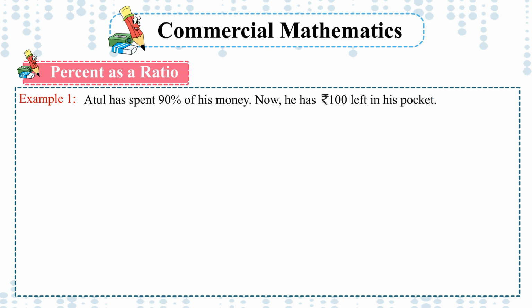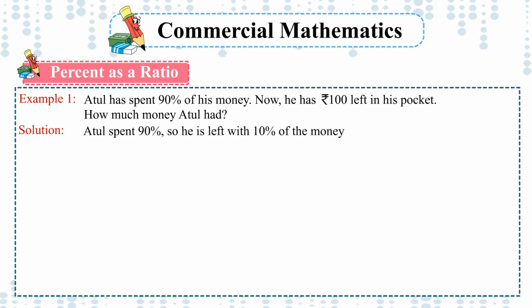Example 1. Atul has spent 90% of his money. Now, he has ₹100 left in his pocket. How much money did Atul have? Solution: Atul spent 90%, so he is left with 10% of the money. 10% of money is equal to 100.